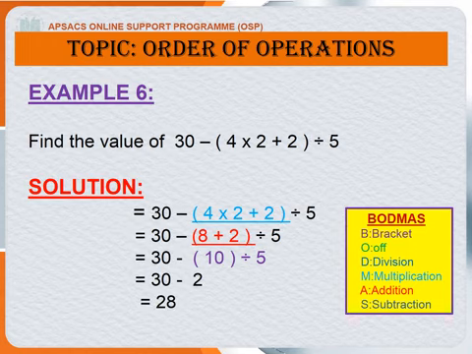Now again we will solve the bracket. 8 plus 2. So write the next step: 30 minus bracket 10, bracket close divided by 5. Now we have two operations: minus and division. So first we will solve the divide sign. 10 divided by 5, 2. 30 minus 2, answer is 28.